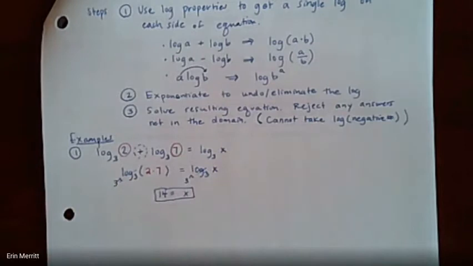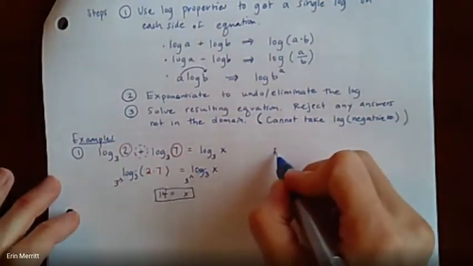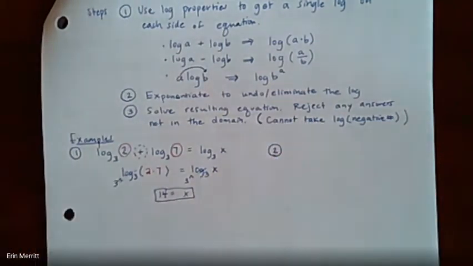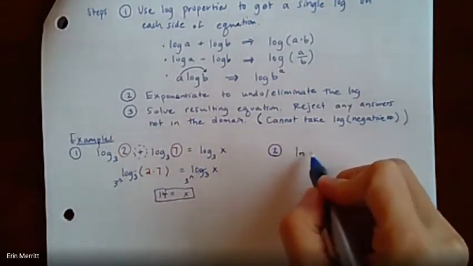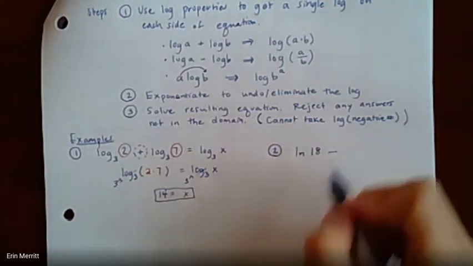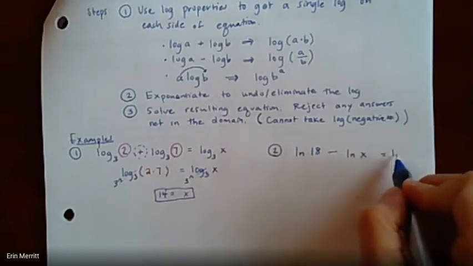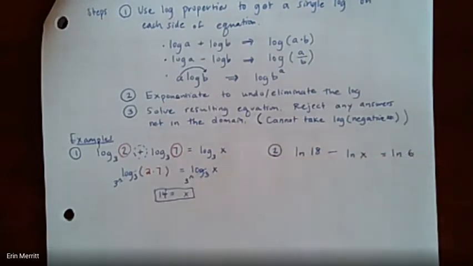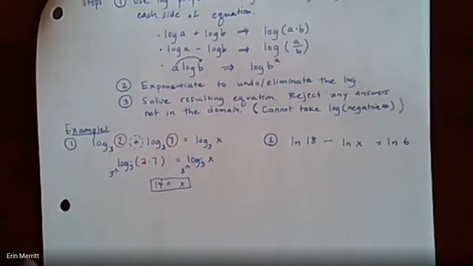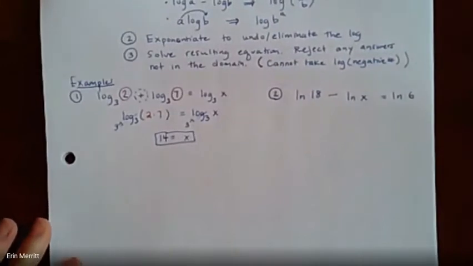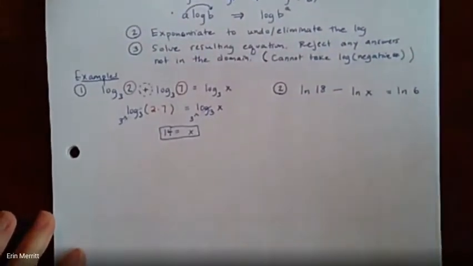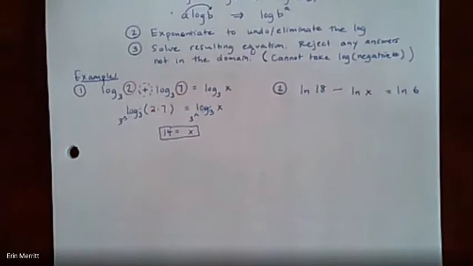All right, next one. For number 2, I'm going to give you natural log of 18 minus natural log of x equals natural log of 6. Again, not really that important that it's natural log, but it is important that they're all the same across the whole equation.